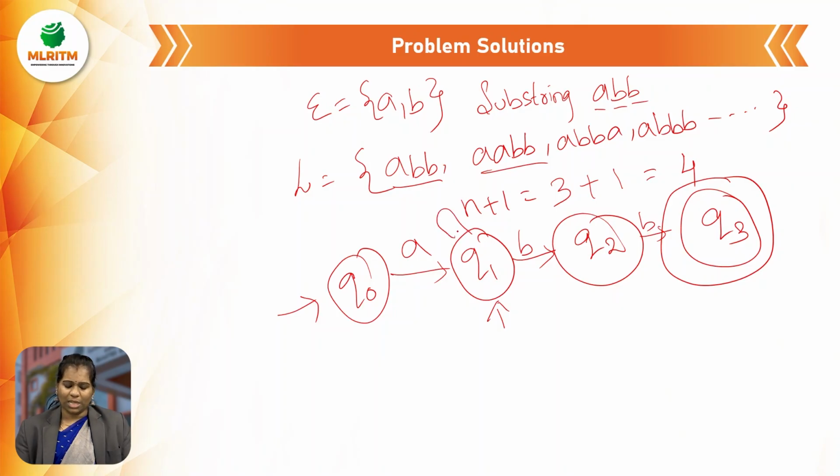So before the string is A, AABB. Next ABB, ABBA. In between also we can use the substring ABB. Next ABB, B.